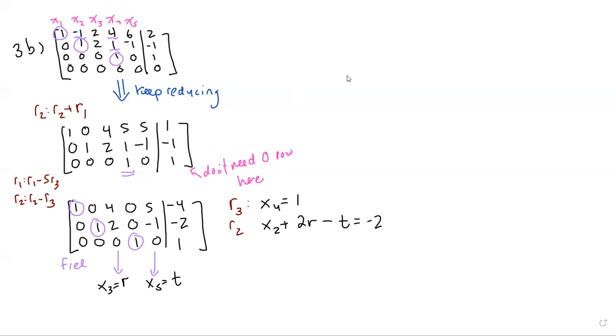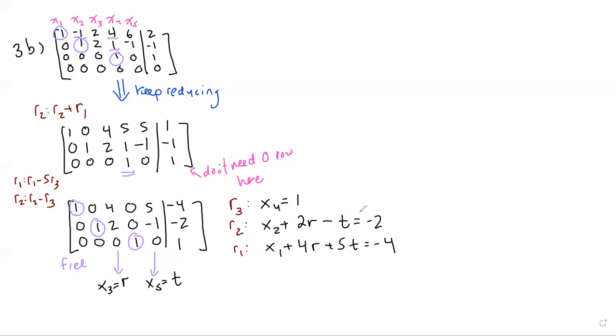And then if I do row 1, same thing, that's going to be x1 plus 4x3, which is r, plus 5x5, which is t, is -4. And so yeah, these are actually all my answers.